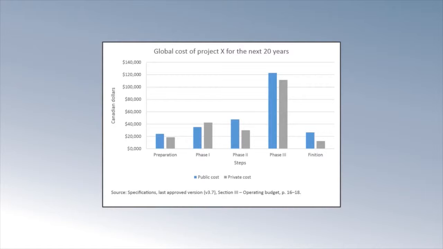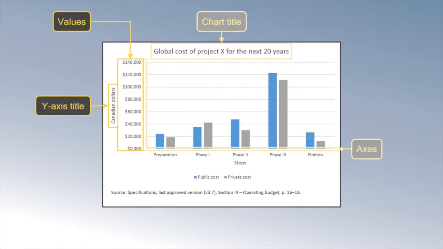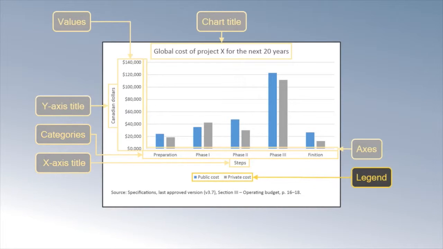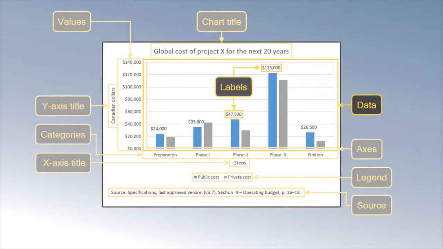A chart contains the following components: a title, 2 or 3 axes depending on whether the chart is in 2 or 3 dimensions, values at regular intervals along a scale as well as the axis title corresponding to the scale units, categories and their scale units in the form of an axis title, a legend when several series of data are displayed, the source of the data, and of course, the data themselves that may be marked with labels or not.